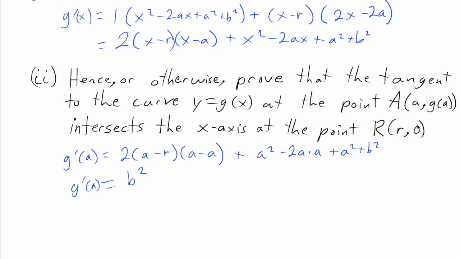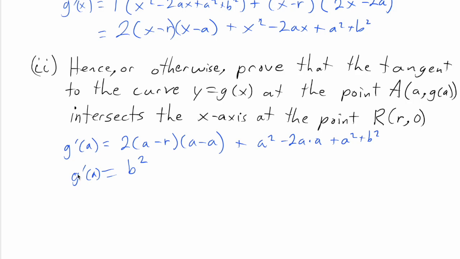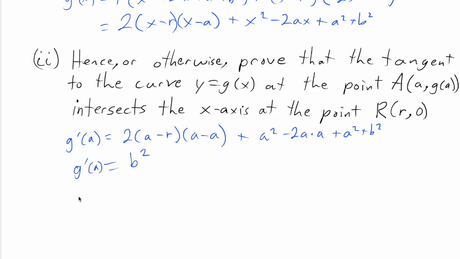Okay, to get the equation of the tangent line, we use point slope form again. So we have y minus the y value at that point, which is g of a, equals the slope of the tangent line, which is that, and then x minus a.